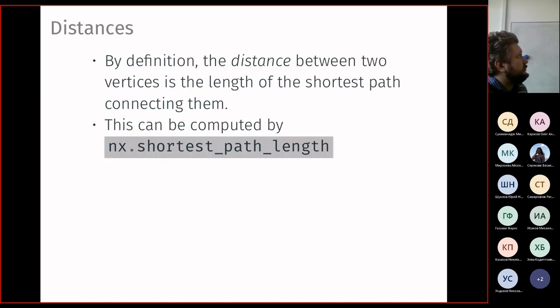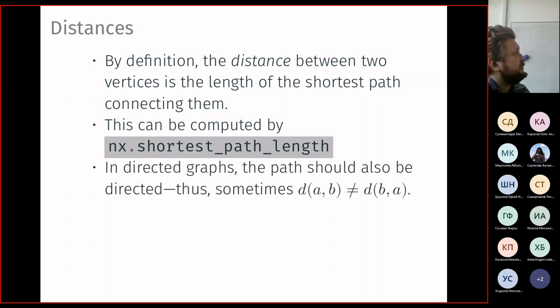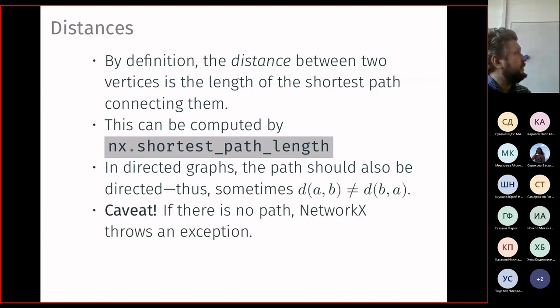So again, you can compute distances. The distance is the length of the shortest path. The diameter is the longest distance. So again, you will have this function computing the shortest path length. And in directed graphs, it's also directed. The distance from A to B could be different from B to A, because there could be directed edges, and sometimes B is connected to A, but not vice versa.